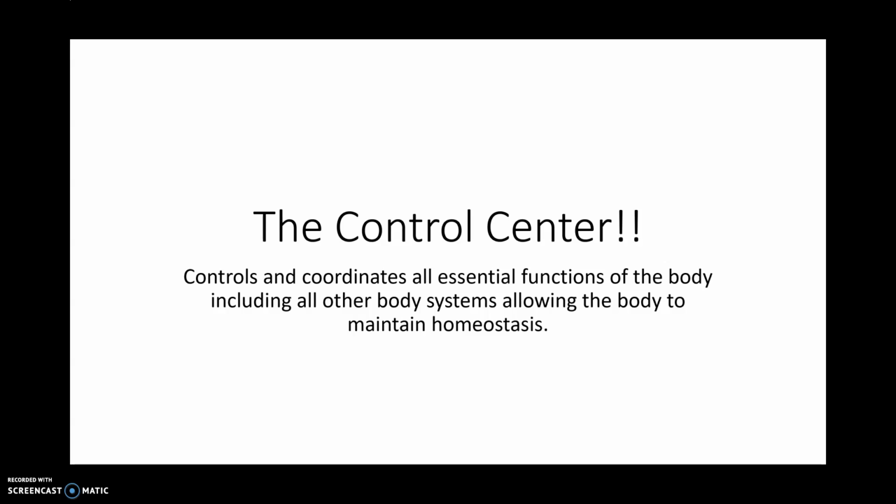So overall, our nervous system is going to control everything that we've talked about with those feedback loops, blood calcium, temperature, all of that to keep homeostasis within the body. So this is our main definition, though those other four were kind of all the different things specifically that it does. But I want you guys to really highlight that this is the control center of your body.